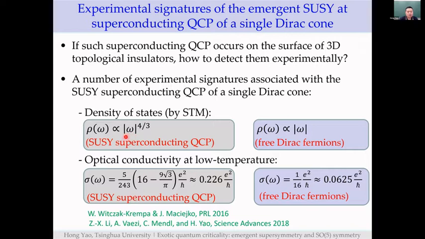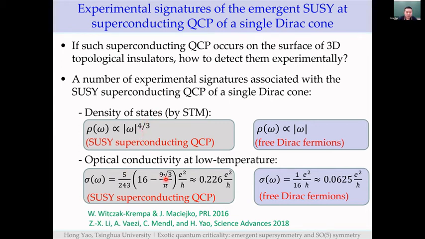One is that the density of states at the supersymmetric quantum critical point is proportional to omega to the power 4/3. The power 4/3 is computed exactly. And this is the first prediction.